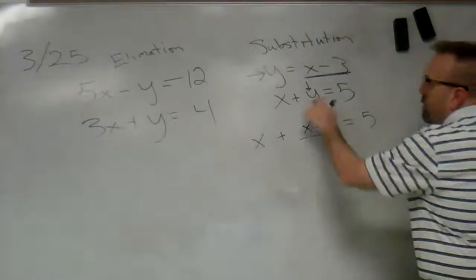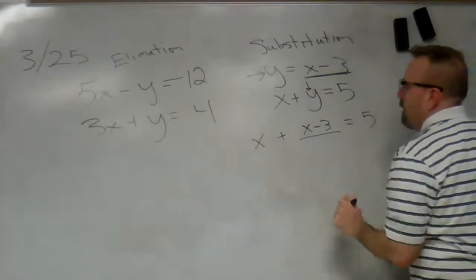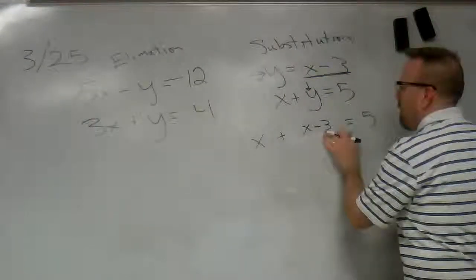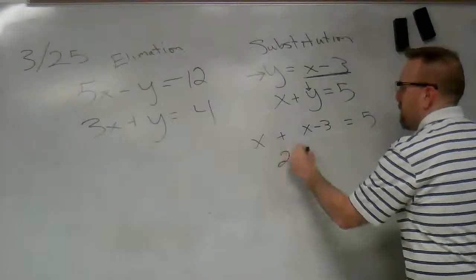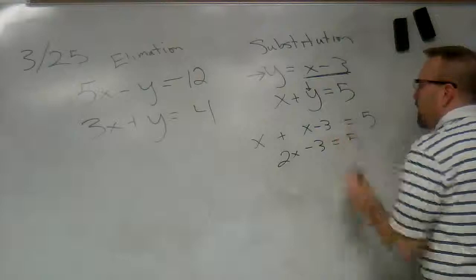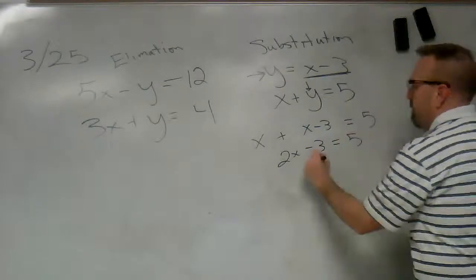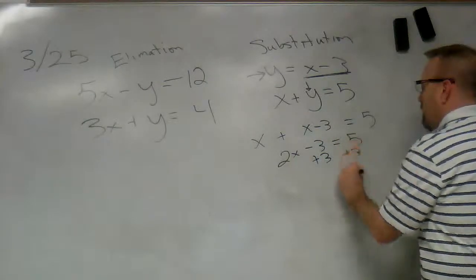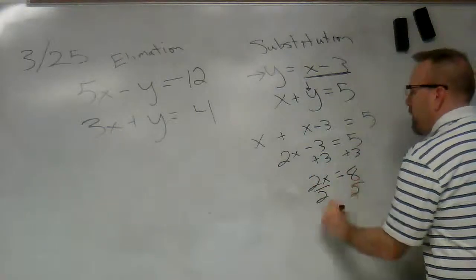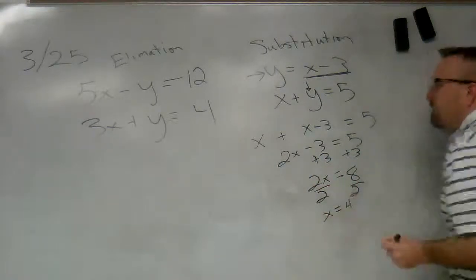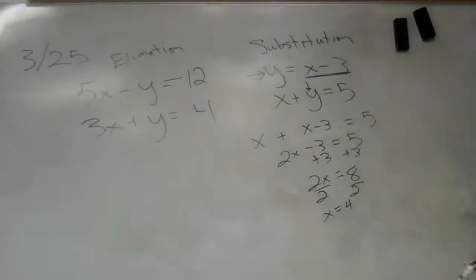Now we can combine like terms. We have 2x minus 3, we add 3, 2x equals 8. We divide by 2, x equals 4. That gives us half of our answer.